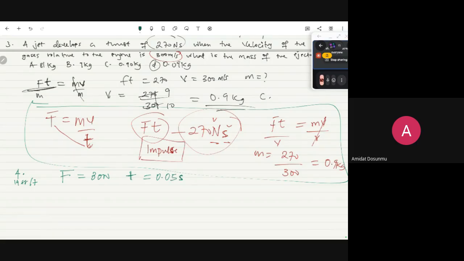Period means time. If the mass of the ball is 0.075 kilogram, calculate the speed with which the ball moves off. So that's the velocity. Option A, 4.5. Option B, 11.25. Option C, 20. Option D, 45.